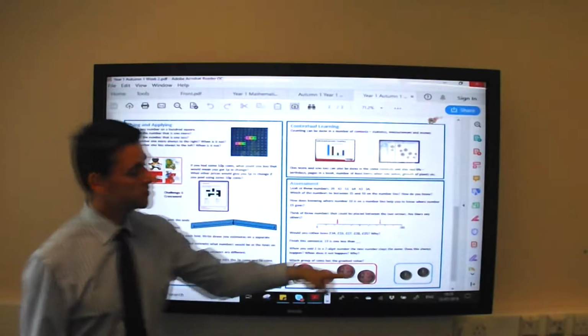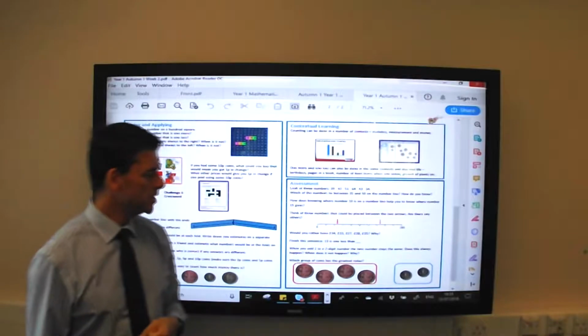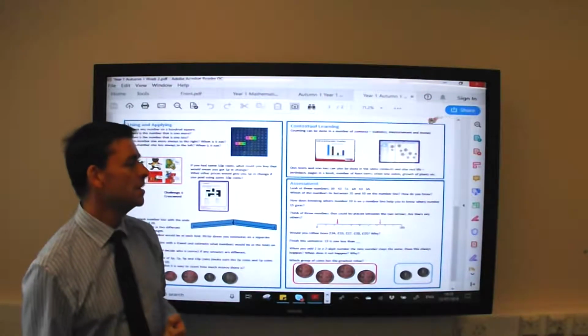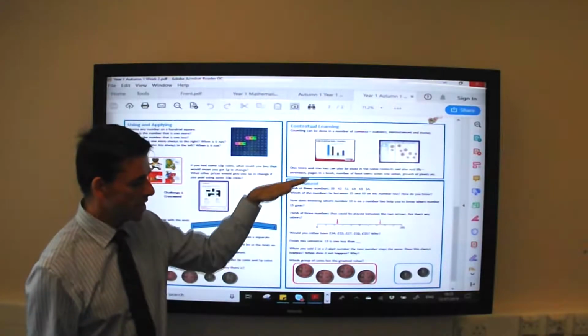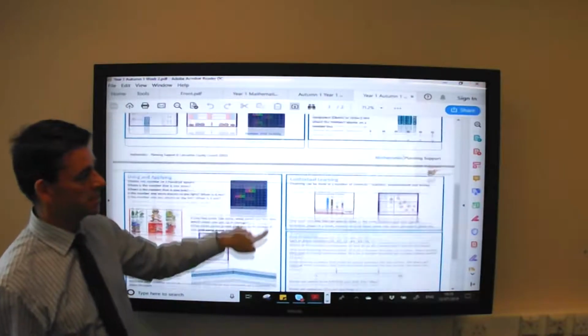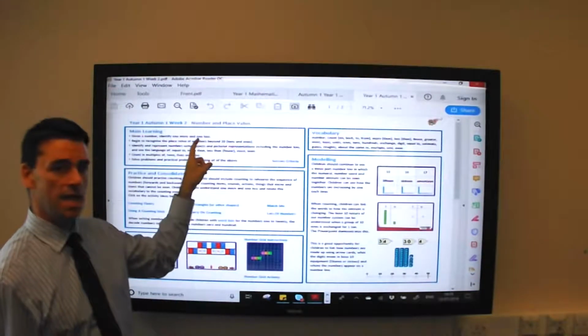Down here we've got the assessment section, which basically are outcomes that you want children to be able to answer. Now, a little word of caution: these are end of year expectations, so they directly relate to these objectives here.